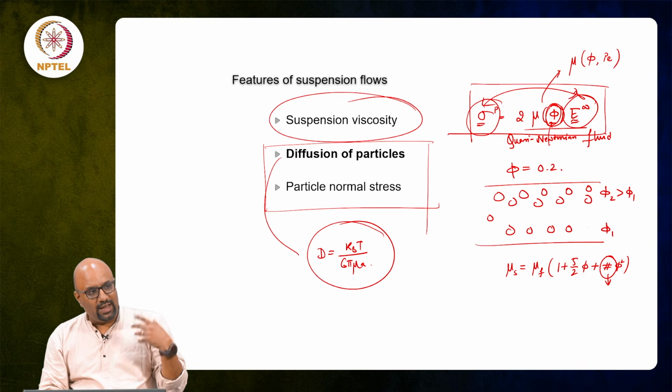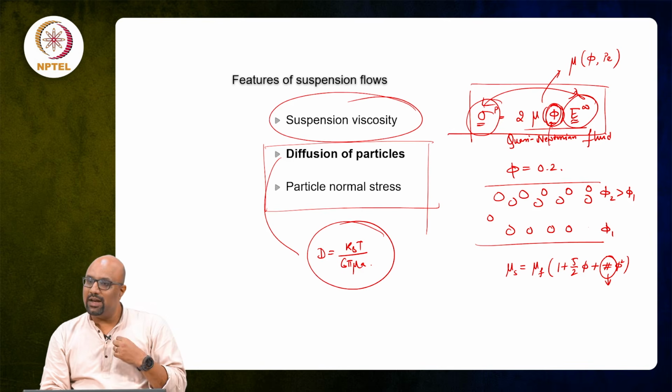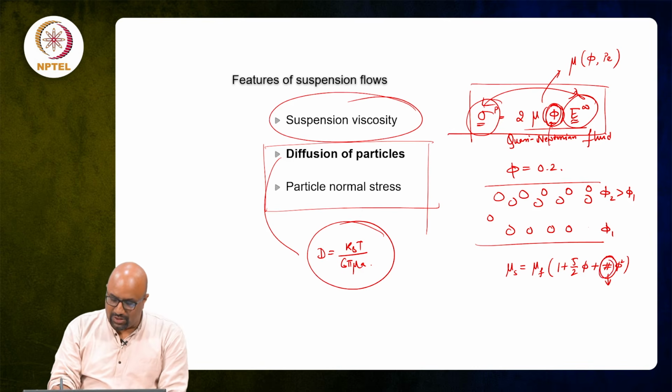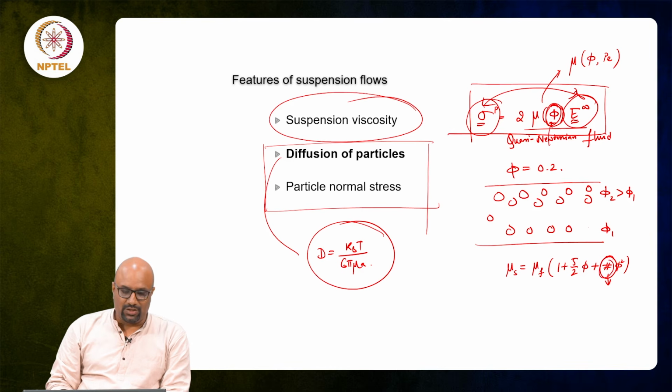Now, how your neighbors are distributed is crucially reliant on the nature of the flow. Every flow will have its own distribution of particles, and so that is the reason why the calculation, as it goes to higher order in volume fraction, becomes crucially reliant on the shearing behavior.